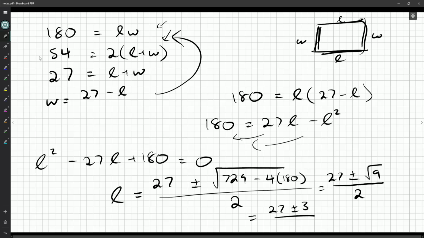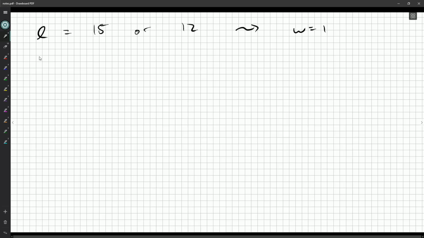So plus or minus 3 all over 2, and so we'll get 30 over 2 or 24 over 2. So it could be 15 or 12. And W will end up being the other value. Just divide 180 by whichever one you choose. So L is 15 and W is 12.